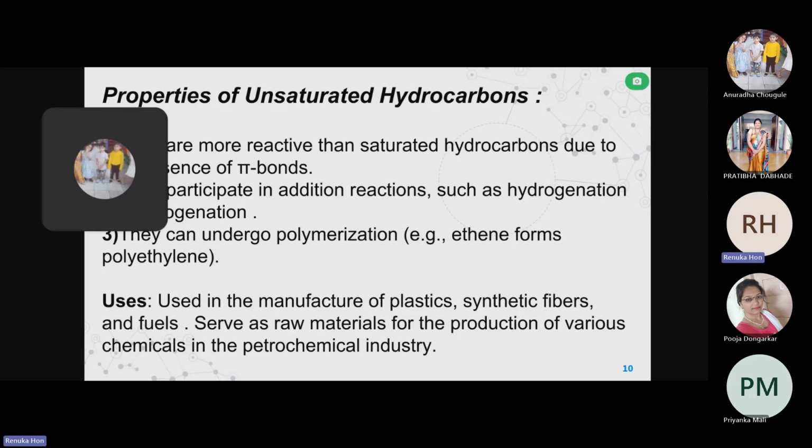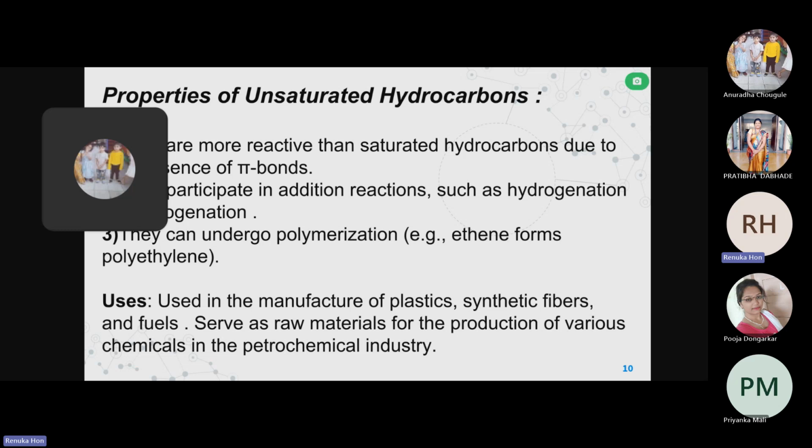Then, uses. Unsaturated hydrocarbons are used in the manufacturing of plastics, synthetic fibers, and fuels, and serve as a raw material for the production of various chemicals in the petrochemical industry.